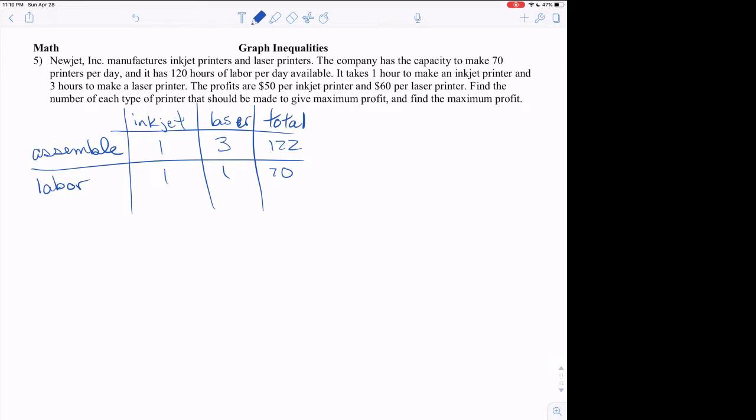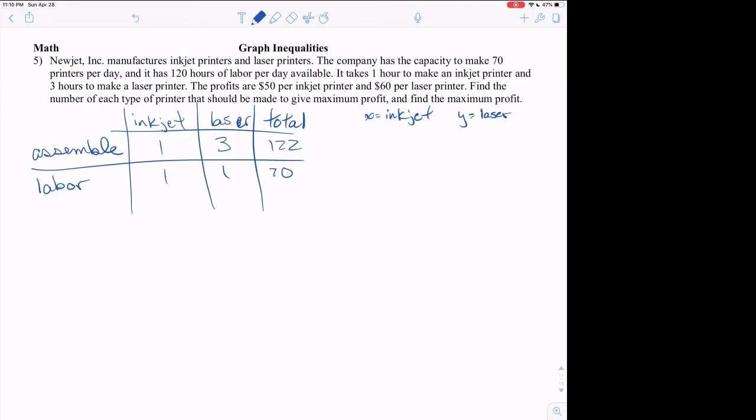So if you read this, it never tells you the labor. What you have to assume is that it's 1 and 1, the same amount of time for each one. So then what you do is, I said X is the inkjet and Y is the laser.